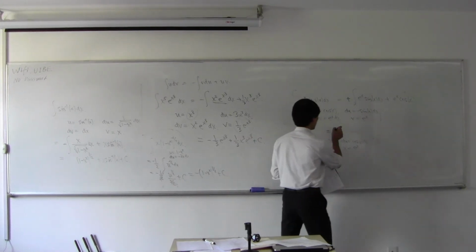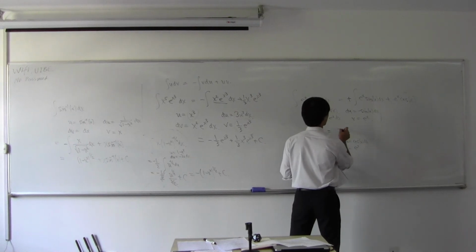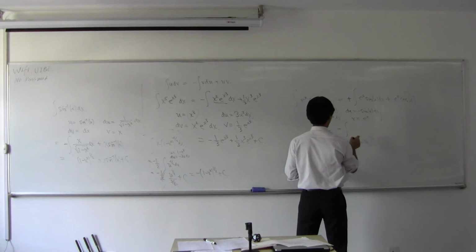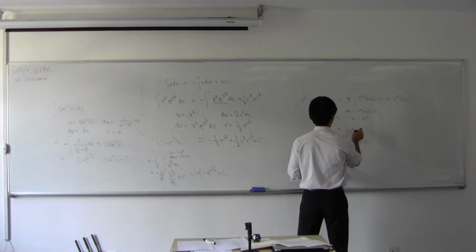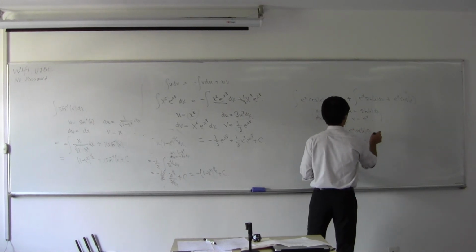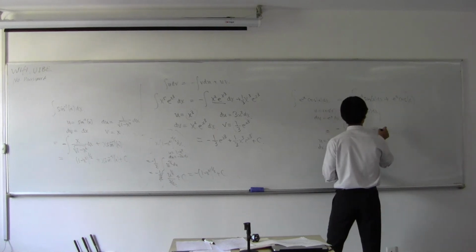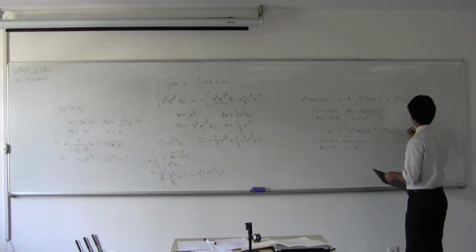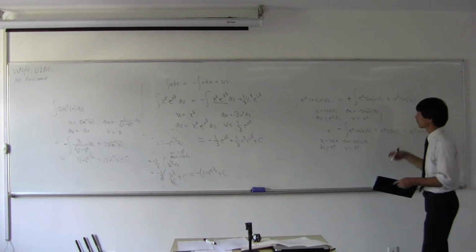Okay. So we keep on going, and we say, okay, this integral here is e to the x sine x minus the integral of e to the x cosine x dx, right? u times v, and we also have the e to the x cosine x left over from here.